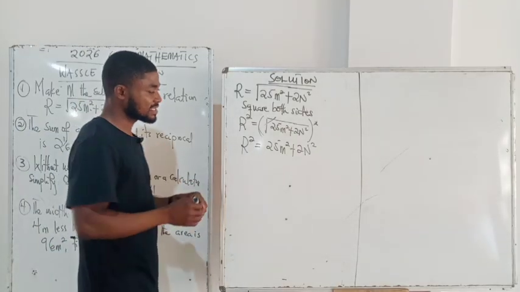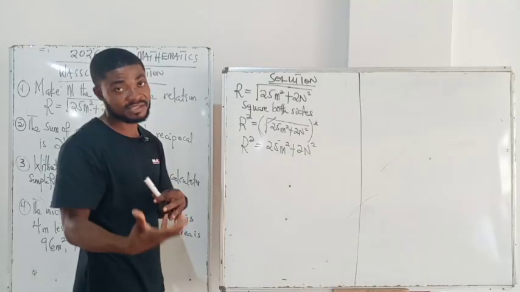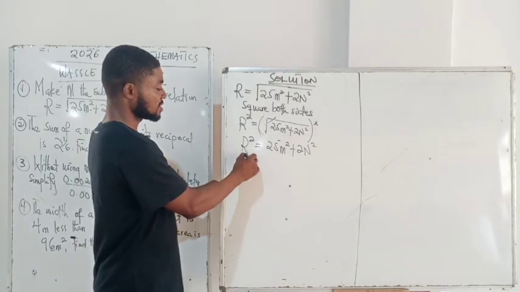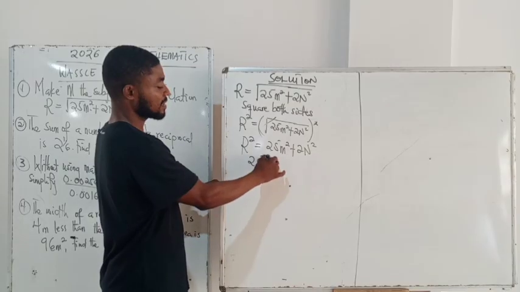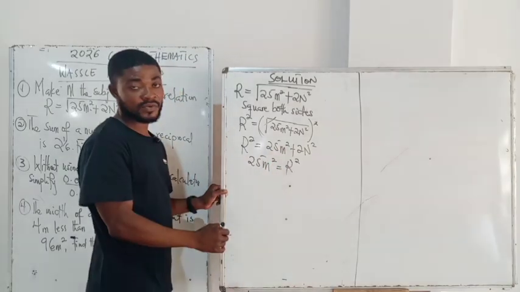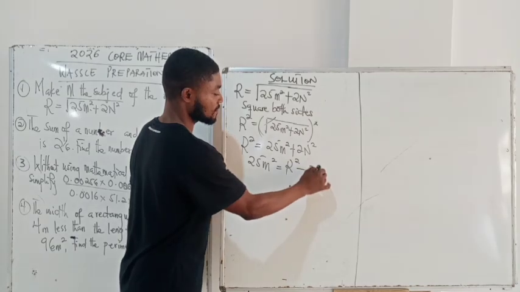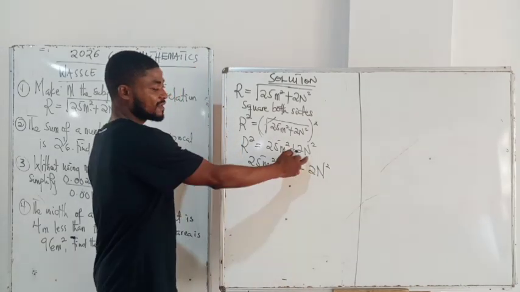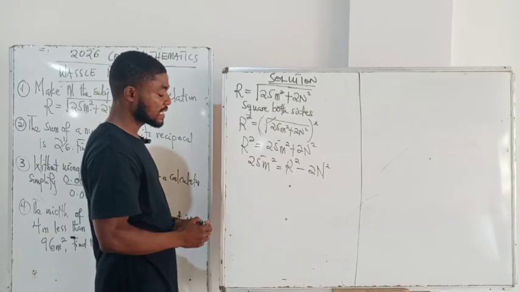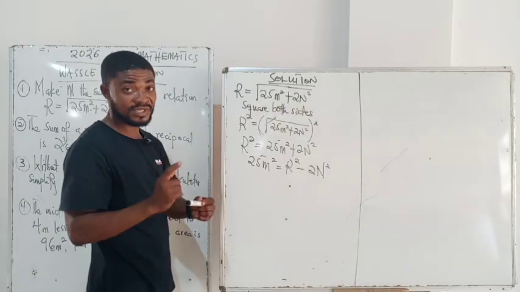I want to make m the subject, so I move whatever is not having m to the other side of the equation. So I can have my 25m squared here. This comes here, giving me 25m squared is equal to r squared minus 2n squared. I want to make m the subject and not 25m squared.